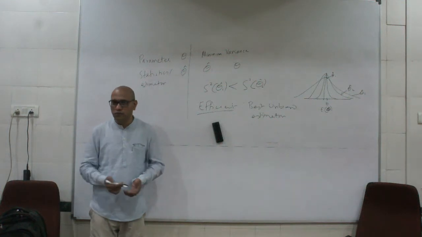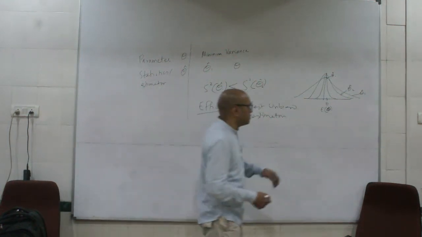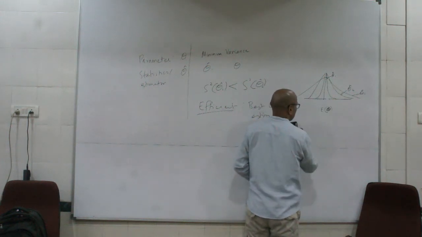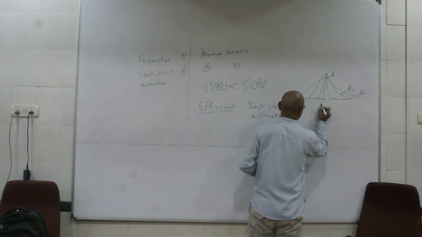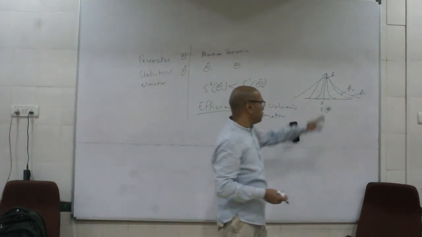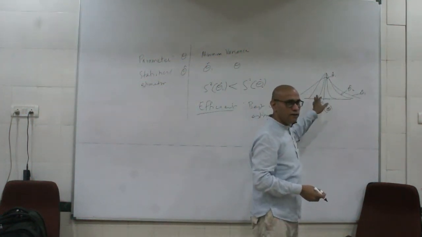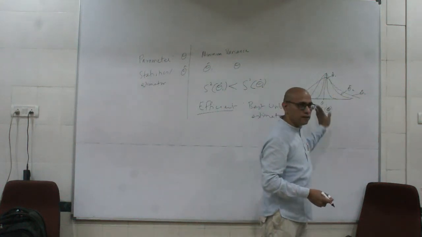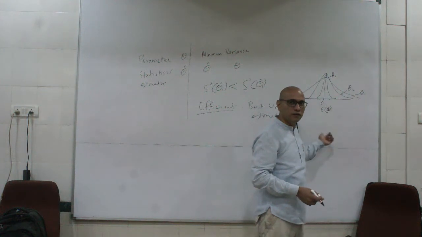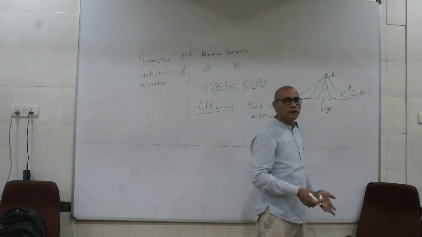So I am combining two properties of the estimator. In fact, had theta been here, then all of them are unbiased estimators, right? Because all of them have expectation theta. So expectation of theta hat 1 is theta, expectation of theta hat 2 is theta, expectation of theta hat 3 is also theta. But which is the better estimator among them?